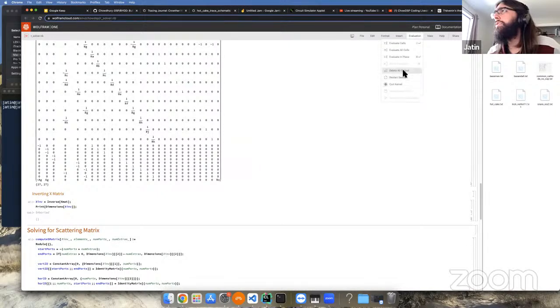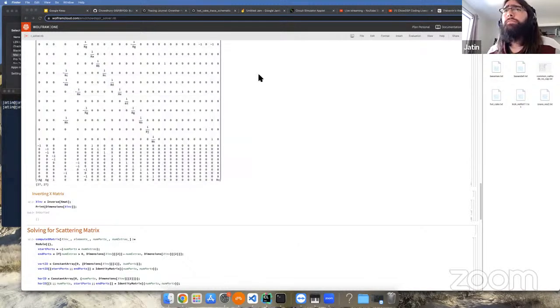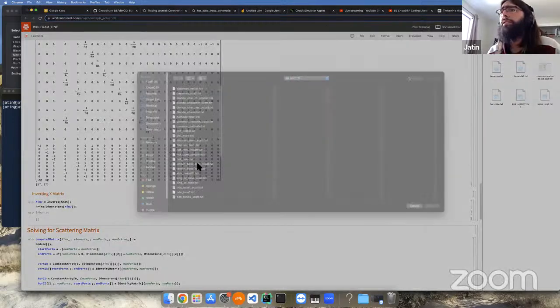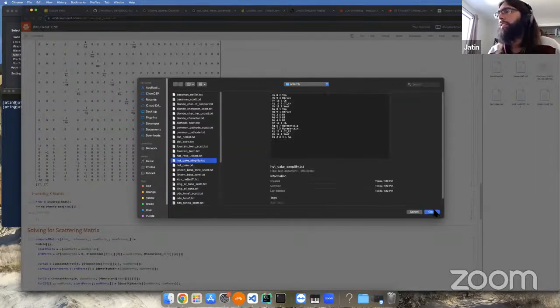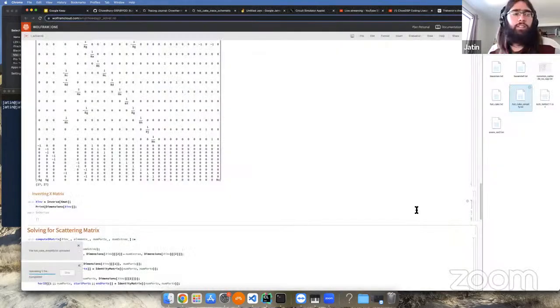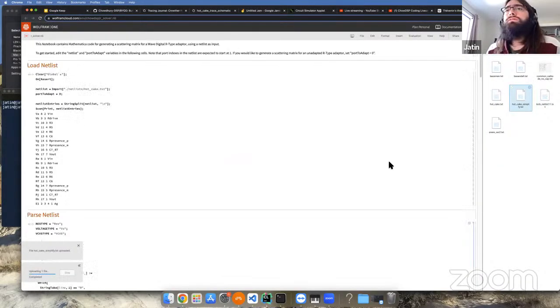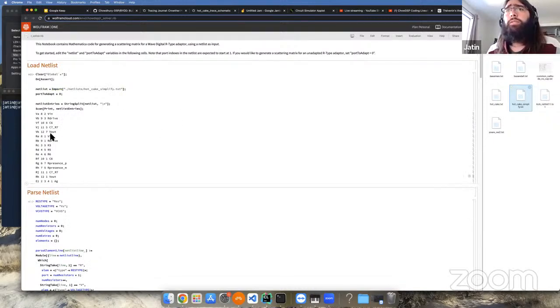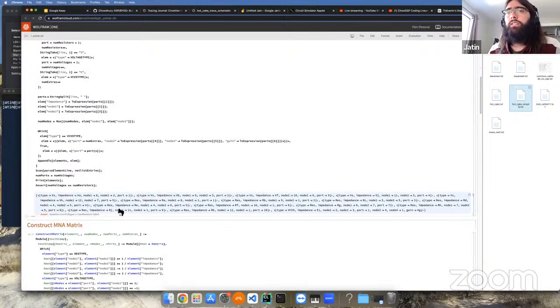Interesting, I guess it never started on that one. That's okay. Let's get our new netlist in here and try that instead. So this is the simplified netlist. And see what you got. All right, that looks decent.